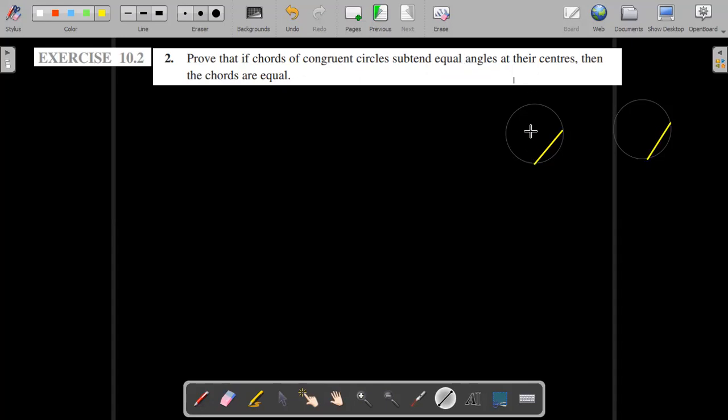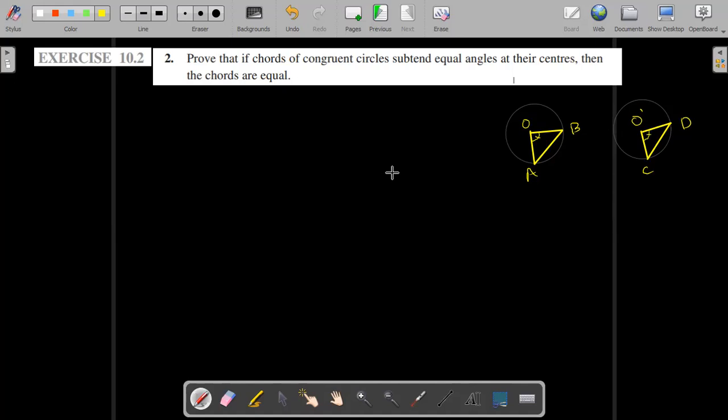Suppose this is the center, this chord is making this angle, and this chord makes this angle. These two angles are equal. Suppose this is chord AB and center is O. This is chord CD and center is O dash. So this angle is equal to this angle. It is given.